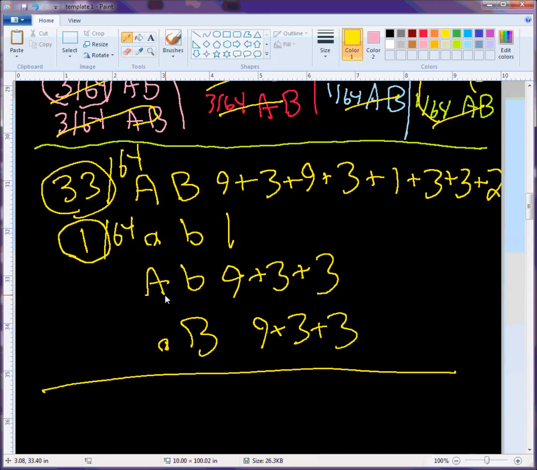Poor little guy or girl. 15 out of 64 is going to be big A, little b, and 15 out of 64 is going to be little a, big B. And if we did everything right, this should add up to 64 out of 64. 33 plus 1 is 34, plus 15 is 49, plus 15 is 64. Okay, so I think that is the answer.